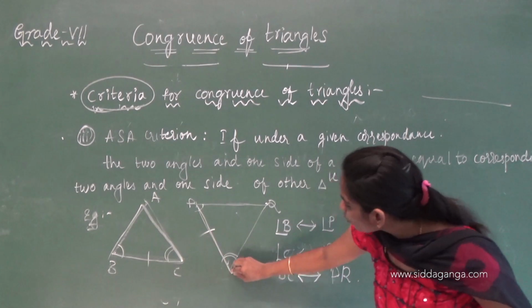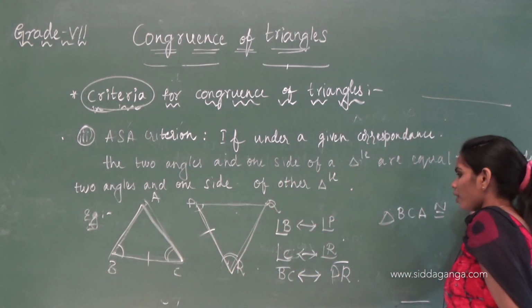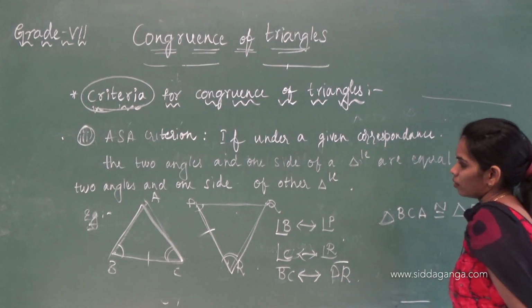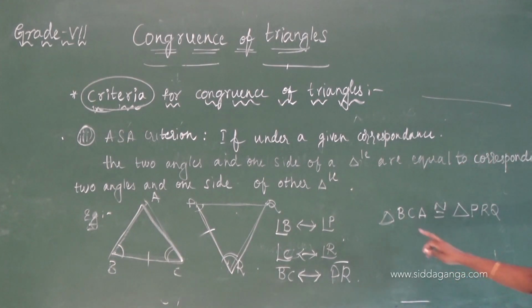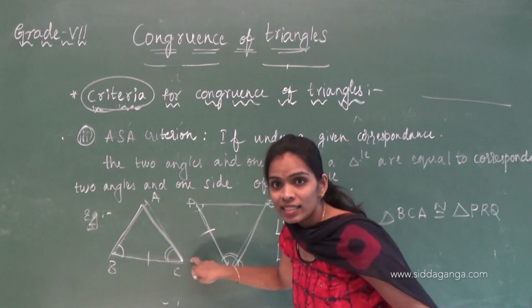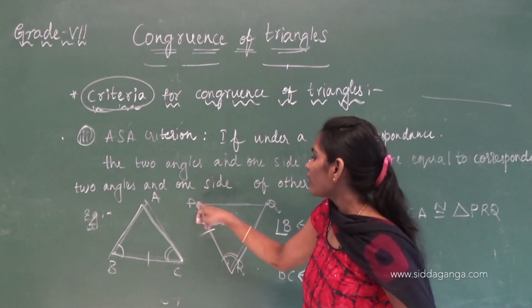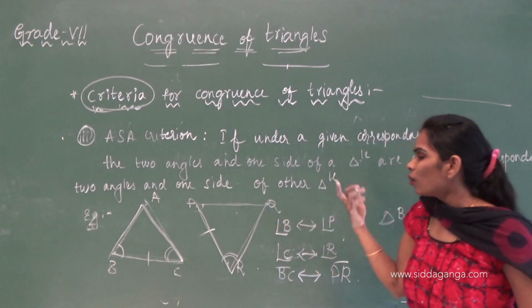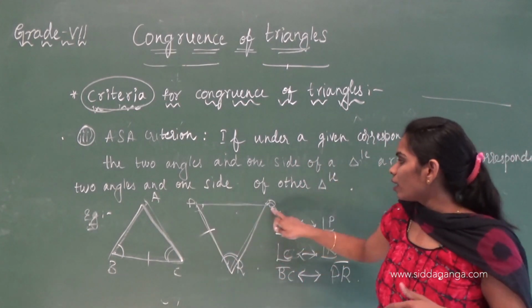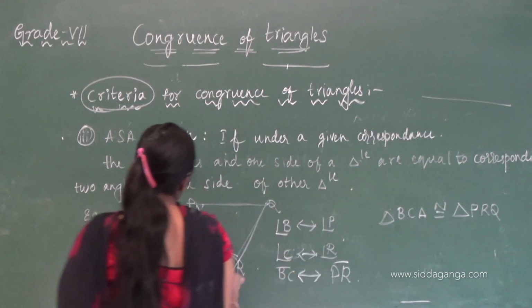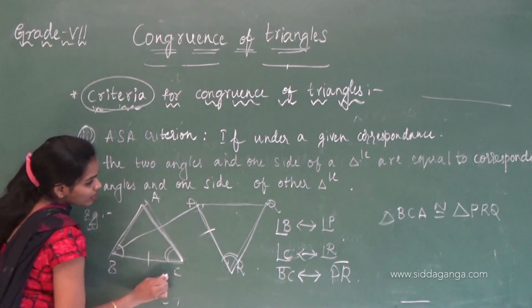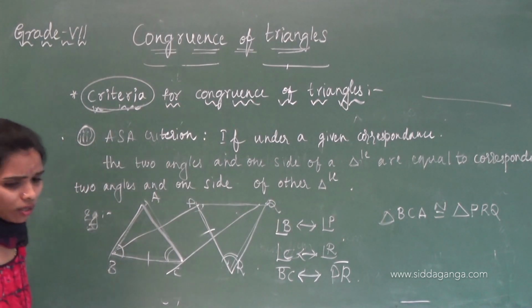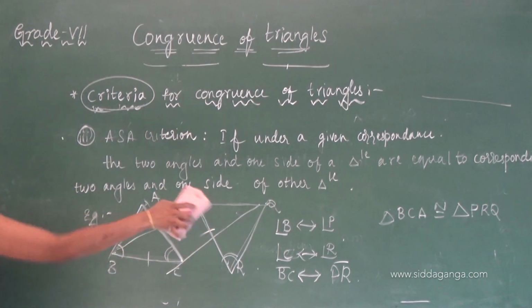That's why we have to go like this. Triangle BCA is corresponding with triangle P Q R. We can't write P R Q, or if you write like that, the whole chain will collapse. That's why we have to write like that.